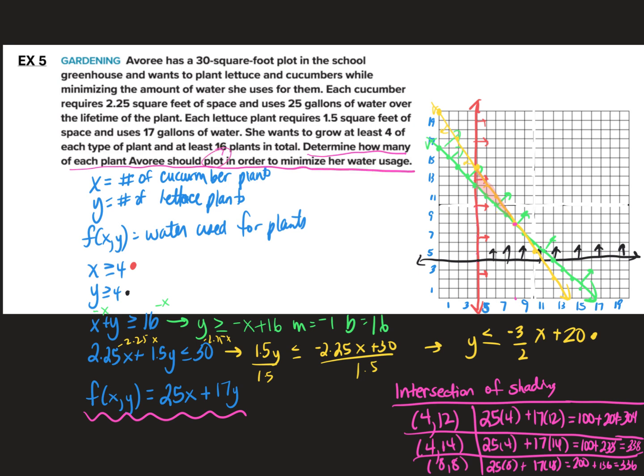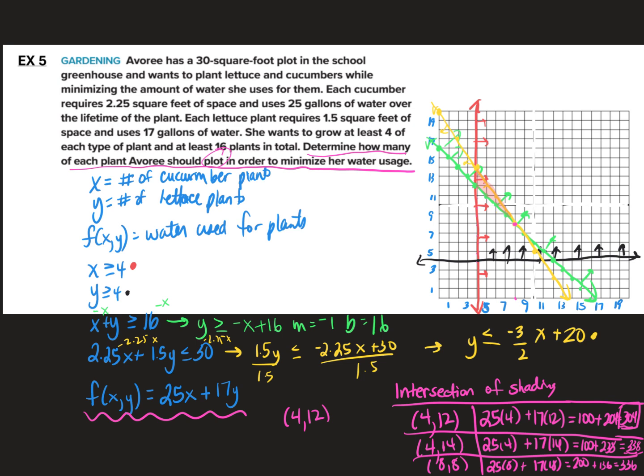How many of each plant Avery should plant in order to minimize her water usage? So if you look at the values, I've got 304, 338, 336. That's how much water would be used. So the smallest value is 304. That means that 4, 12, that intersection, gives me the least amount of water usage.